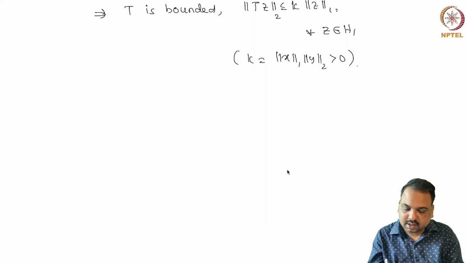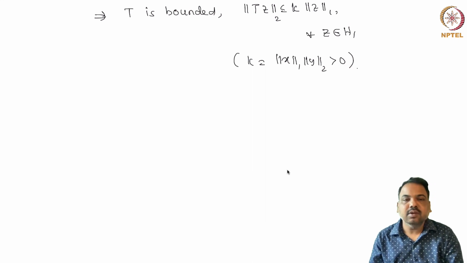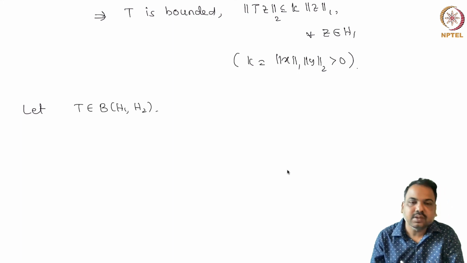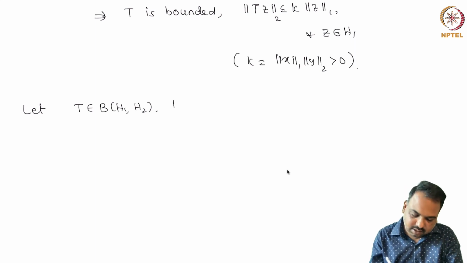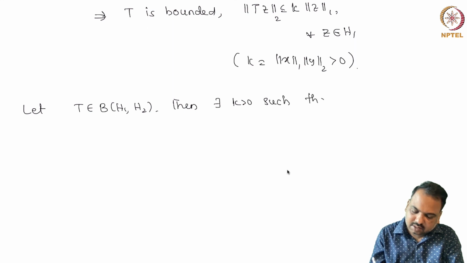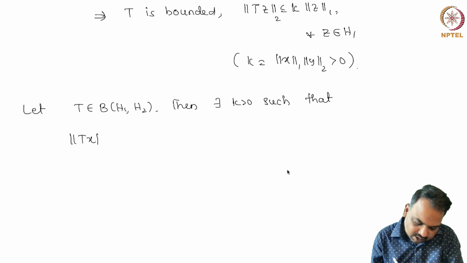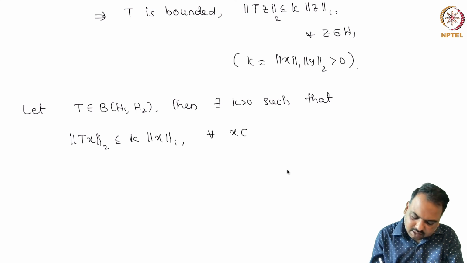So let us again look at bounded linear maps. Let us take T a bounded linear map from H1 into H2. That means there exists some k bigger than 0 such that the norm of Tx is less than or equal to k times the norm of x for every x in H1.